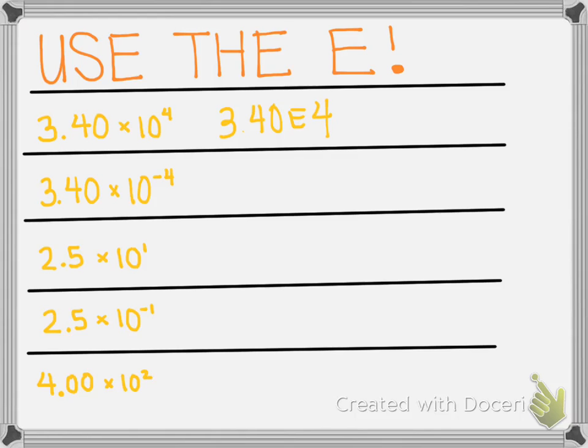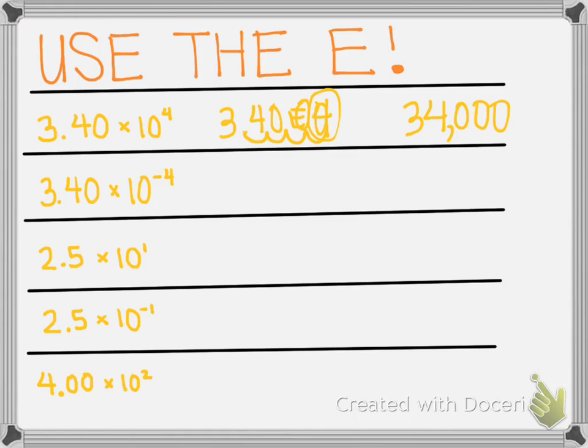And what this means is that this is a positive exponent, the 4, and so you're moving your decimal 4 spots to the right. 1, 2, 3, 4. So this number is actually 34,000. Okay, so 3.40 times 10 to the fourth, or 3.40 E4 is the same thing as 34,000.